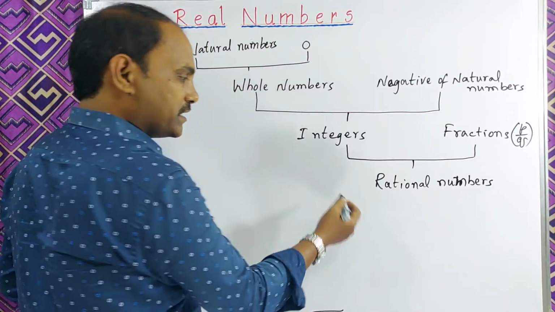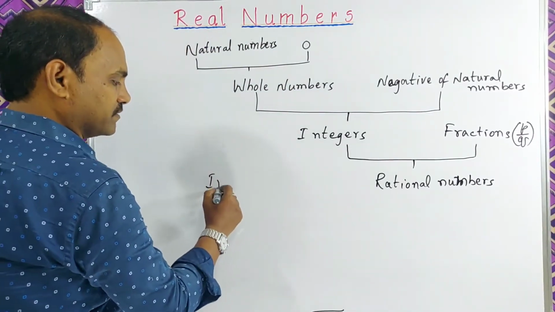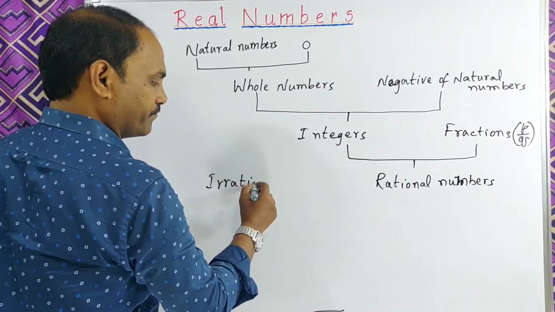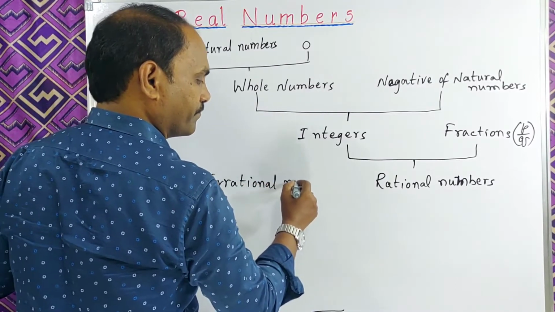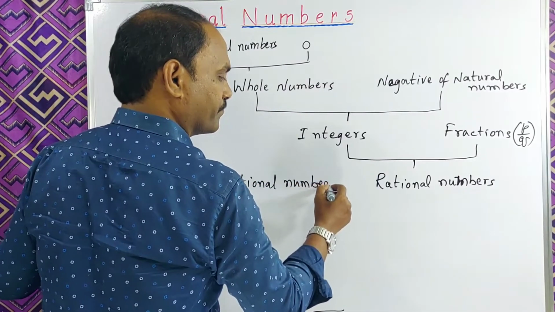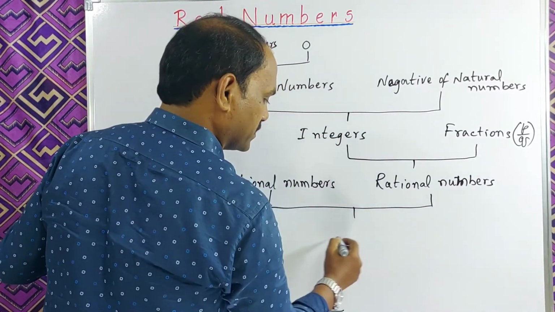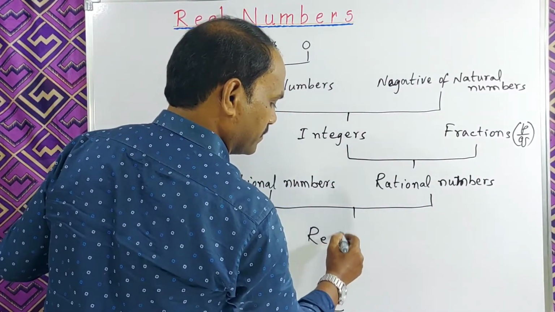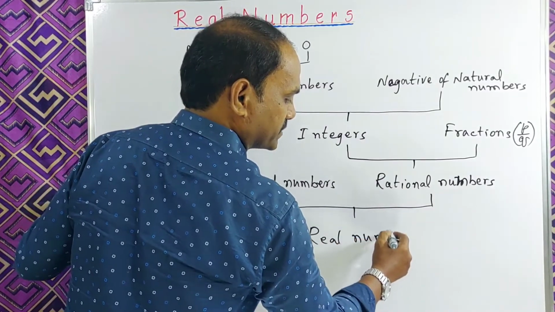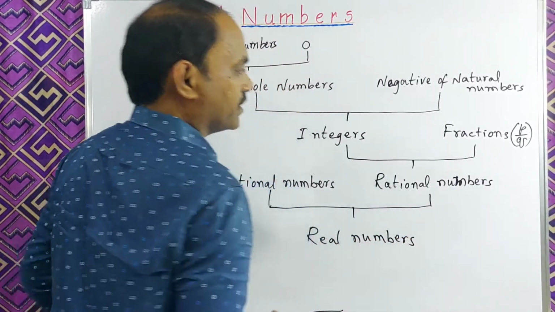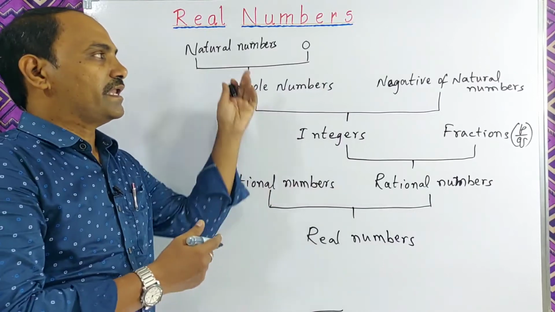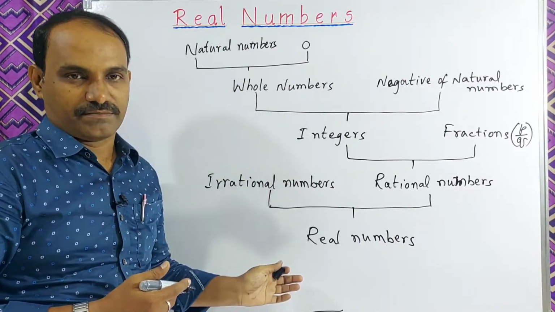Now rational numbers and irrational numbers together are called real numbers. This is the mind map of the number system.